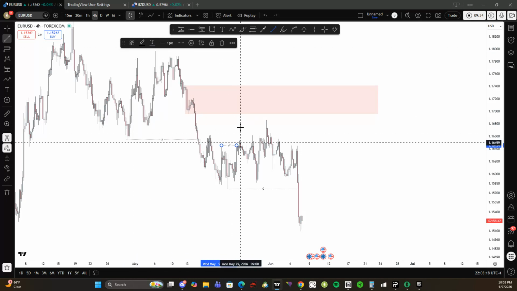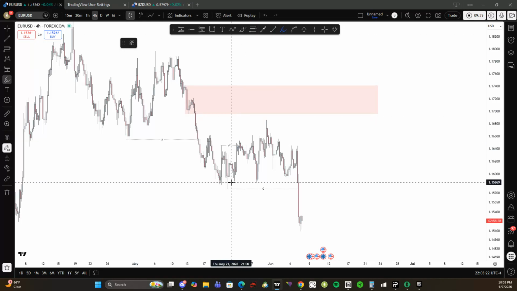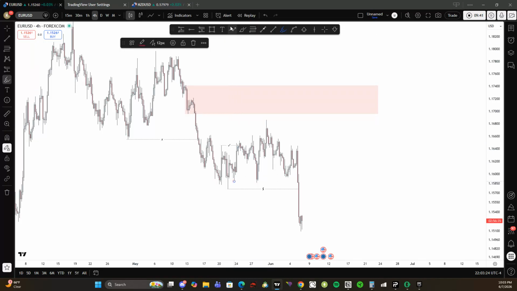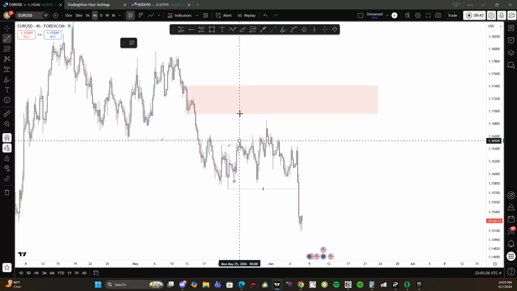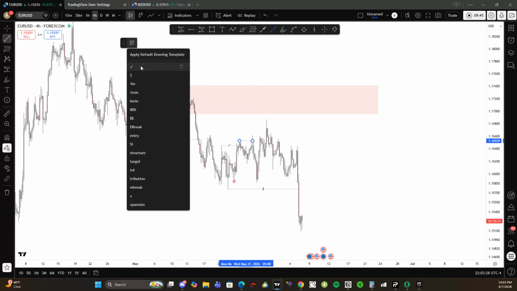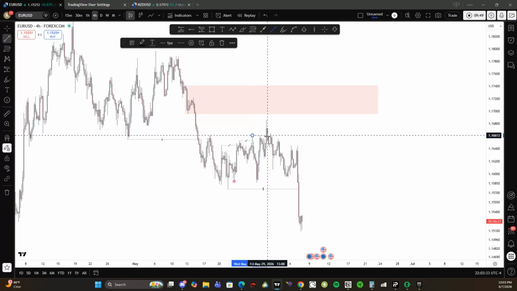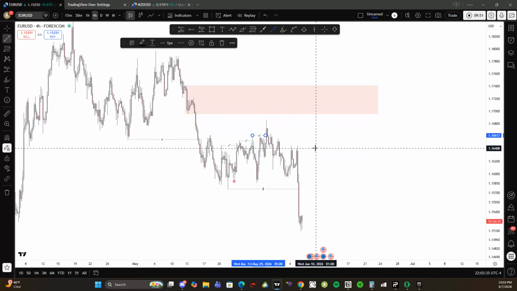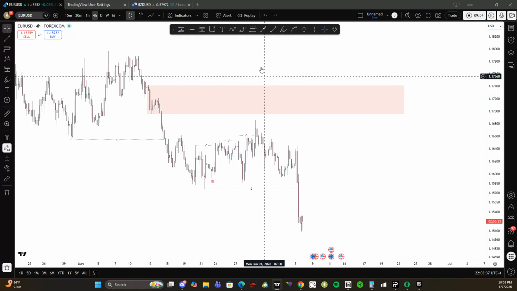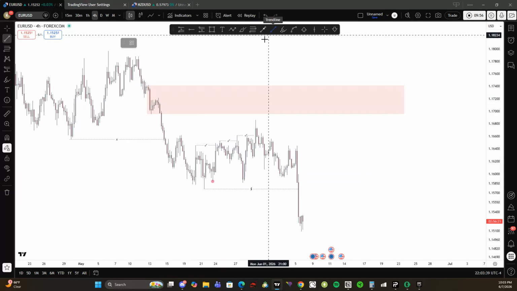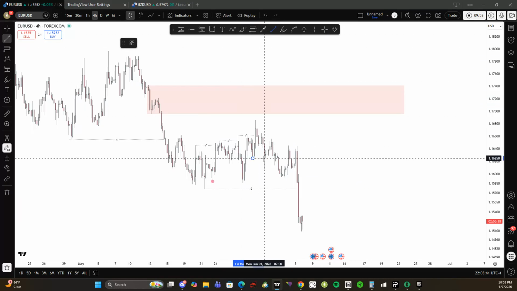So a break higher coming from this low, right? We have another break higher. We have another break higher. And we have the uptrend here, which eventually turns into a downtrend once we took this low out.